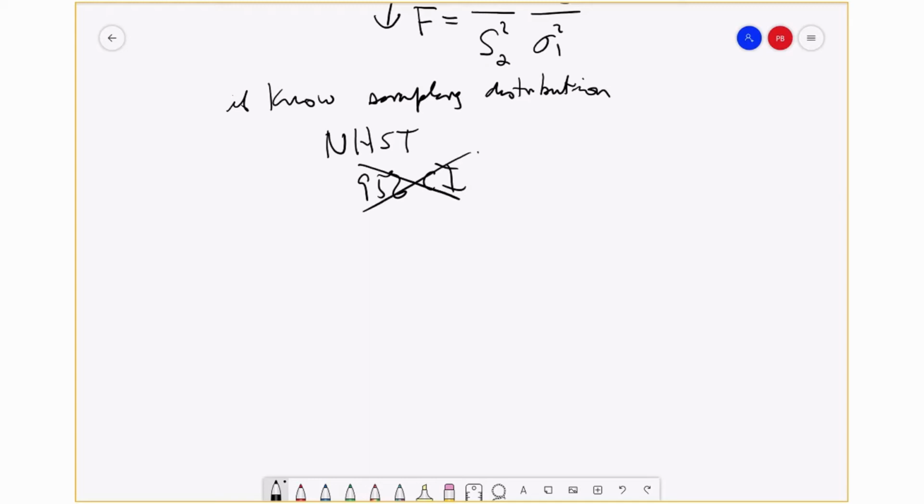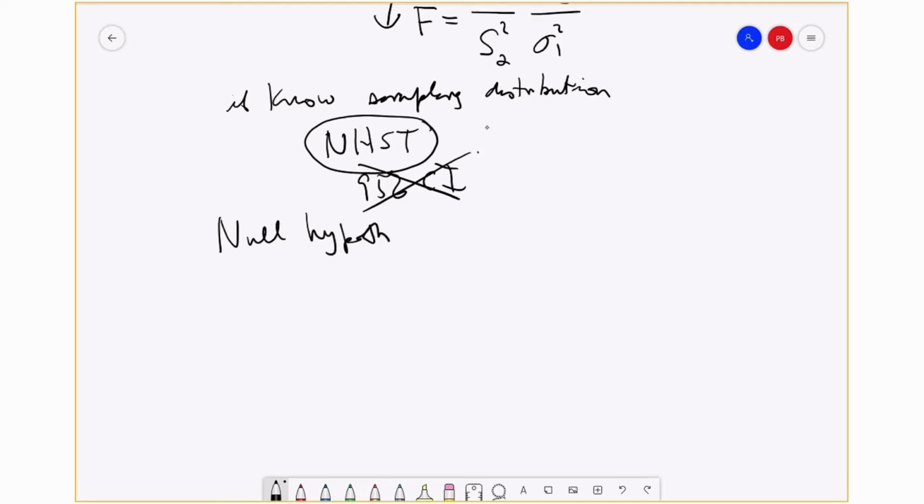I'm not going to go over 95% confidence intervals for F values. I am going to go over null hypothesis statistical testing, but you won't actually have to do these calculations on the final exam.